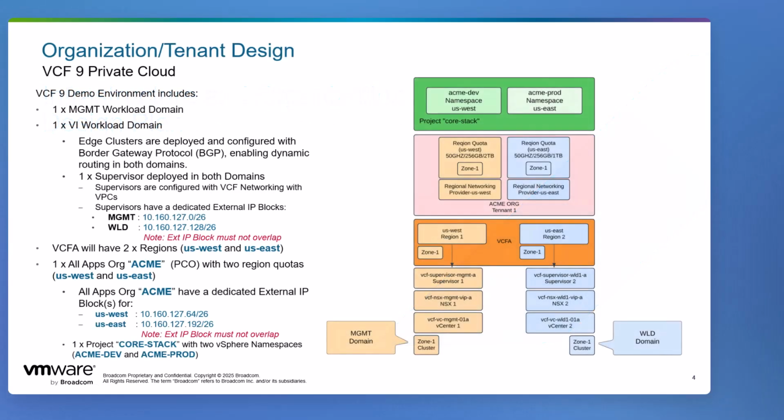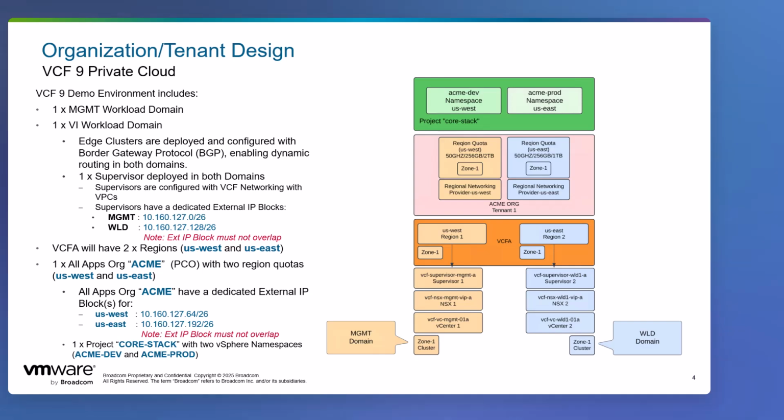If you watched the previous videos of this series, you should now be very familiar with our lab setup and the organization design that we have implemented so far. If not, I would encourage you first to go and watch the previous videos in this series before moving on. Our VCF 9 demo environment includes one management workload domain and one VI workload domain, or virtual infrastructure.